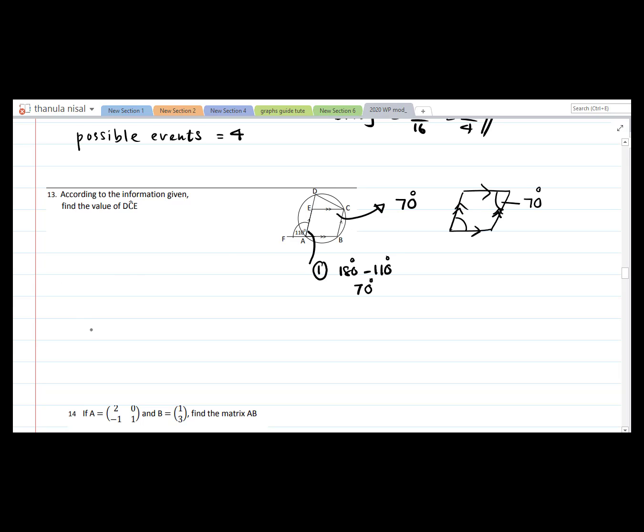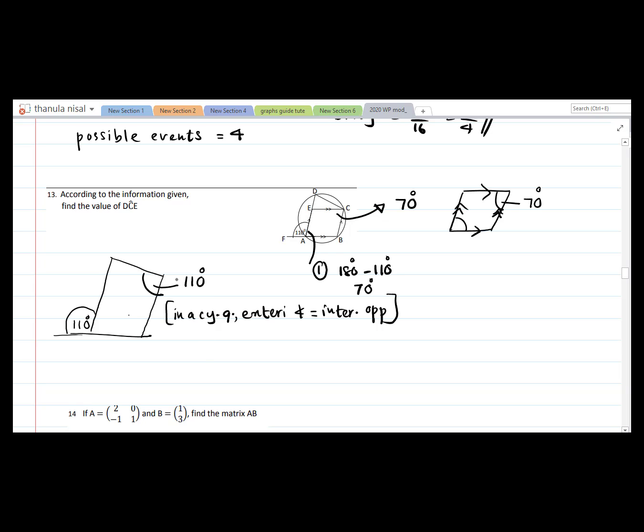Now, what can you say about this cyclic quadrilateral? Here 110. This entire angle should be 110. Okay, in a cyclic quadrilateral, the exterior angle should be equal to the interior opposite angle.